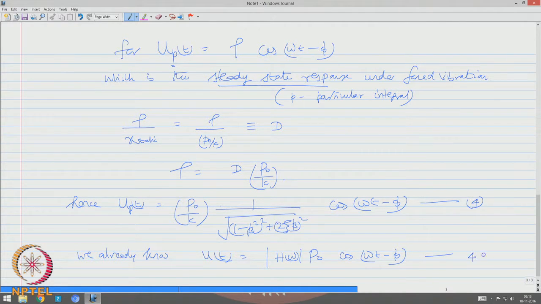Let me call this equation number 4a. Now, let us compare these two equations 4 and 4a, because both of them are for the response history. Once we compare them by close observation, one can easily find that H omega is related to this term, because of P 0 cos (omega t minus phi).